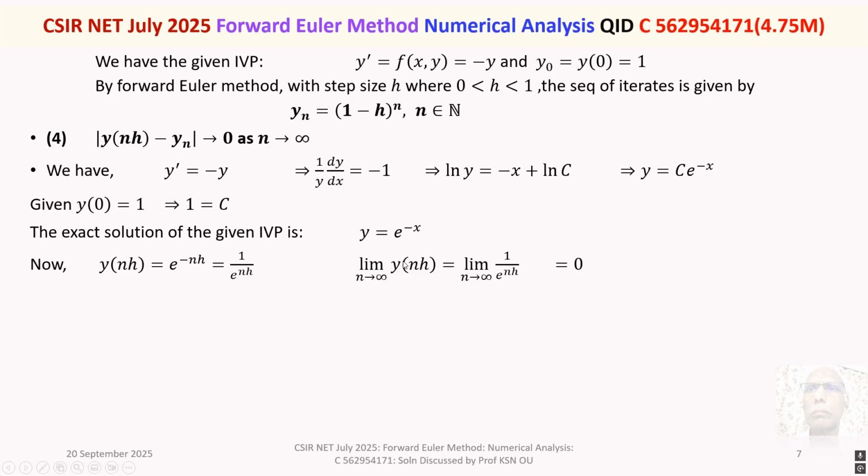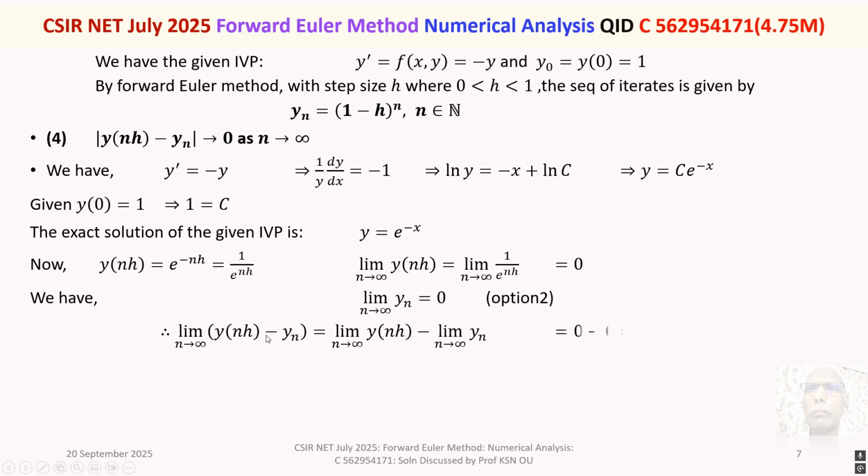Take the limits on both sides as n tends to infinity. Limit n tends to infinity of y of nh is equal to limit n tends to infinity of 1 by e power nh, which is 0. And we have already seen limit n tends to infinity of yn is 0, in option 2. So, limit n tends to infinity of y at nh minus yn will be limit of y of nh minus limit of yn, that is 0 minus 0 is 0.